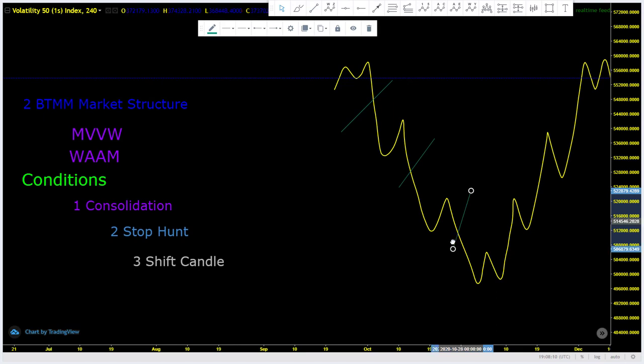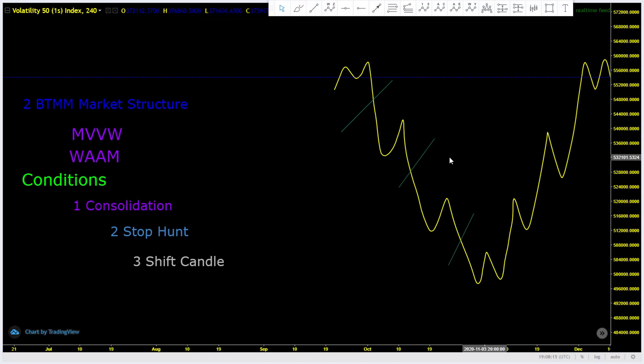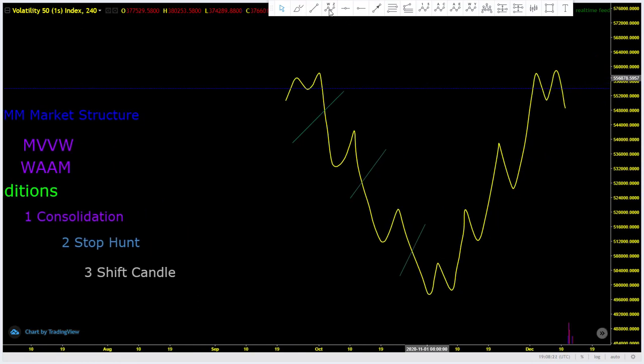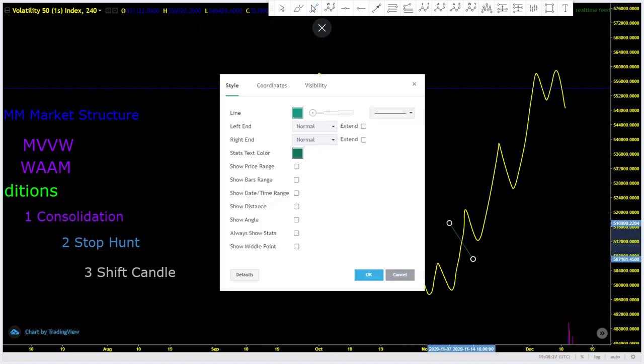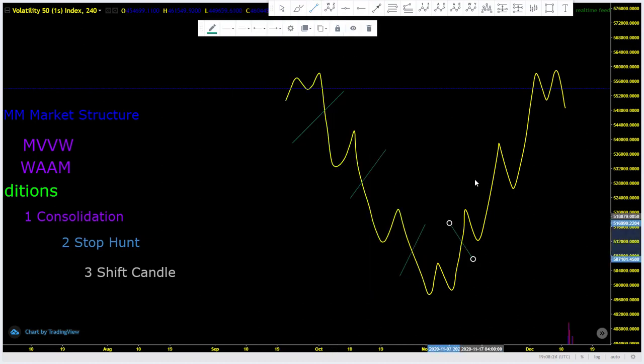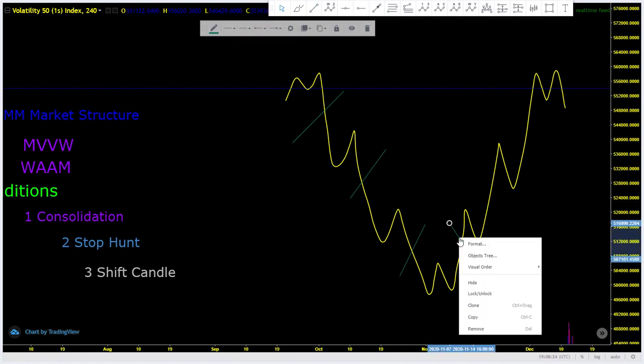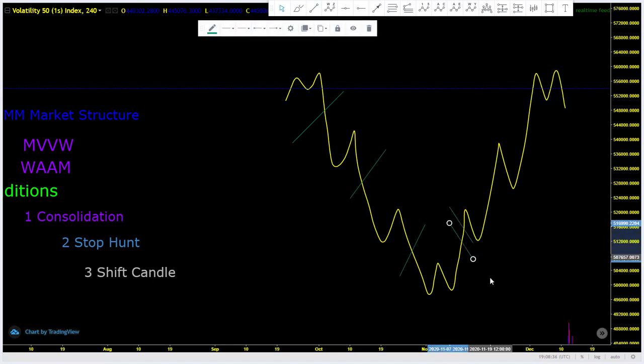Let me make sure that those are well arranged. So these are the levels that we will have in accordance with the market maker, and as we go up again, we will also have level 1, and level 2. Let me clone these lines so that this doesn't keep on popping.